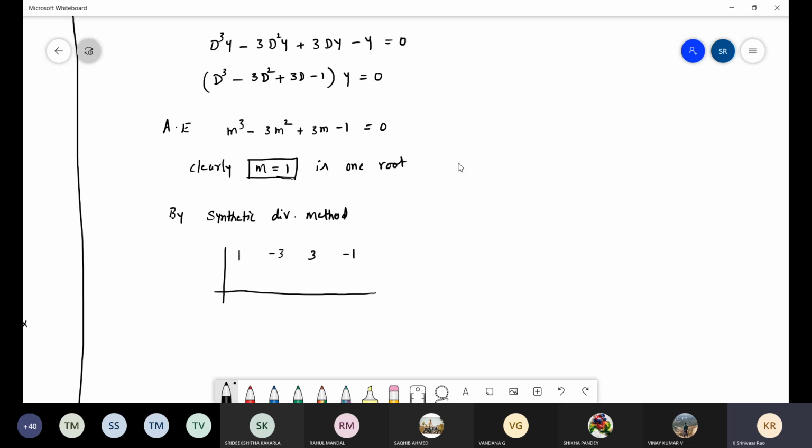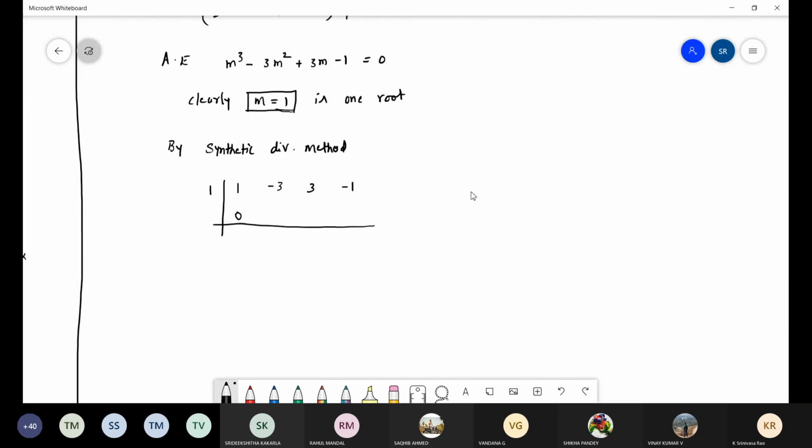The root we have chosen goes right here and 0 here always. Follow the procedure. 1 plus 0 is 1. Answer 1 into 1 is 1 here. Minus 3 plus 1 is minus 2. Minus 2 into 1 is minus 2. 3 minus 2 is plus 1. 1 into 1 is 1 and this gives 0.